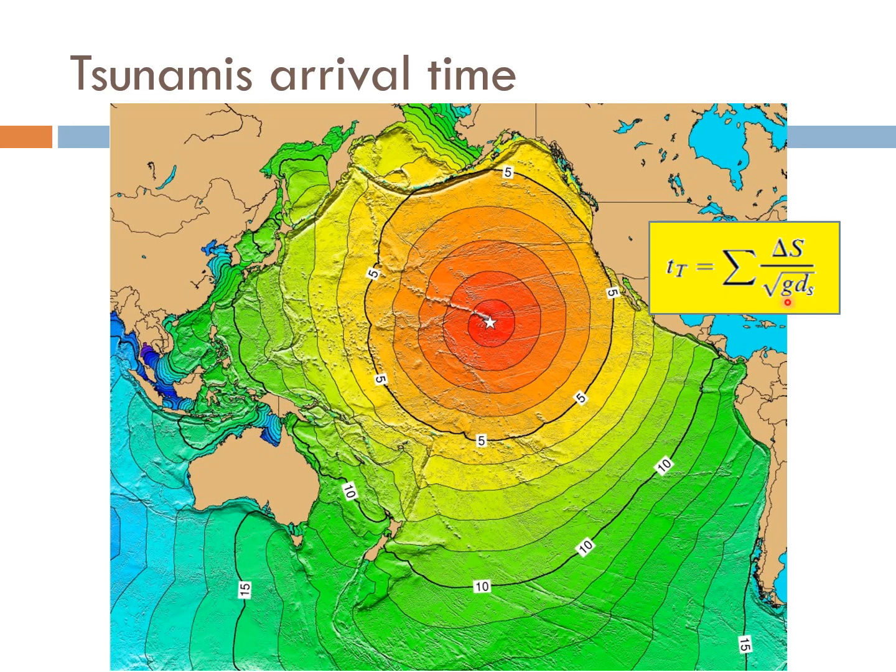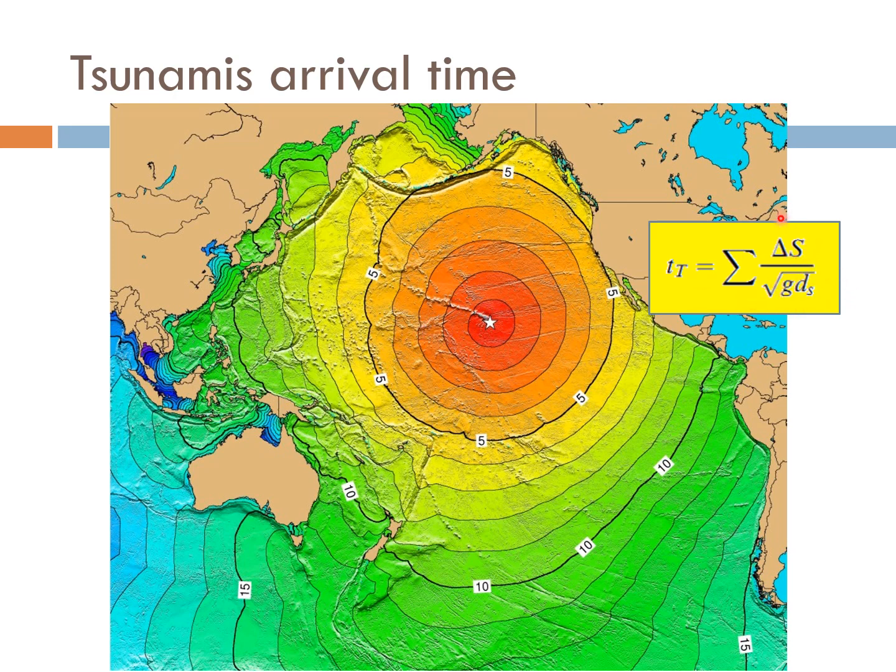So what we can do is apply this equation, right? We can subdivide the distance traveled by the tsunami to our shoreline into segments, right? For example, each of these may be in the order of 1,000 kilometer distance, so S. And then for each of these segments, what is the depth?